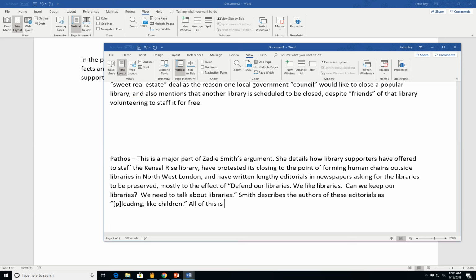All of this is very emotional and makes the reader much more sympathetic to the cause of leaving libraries open.